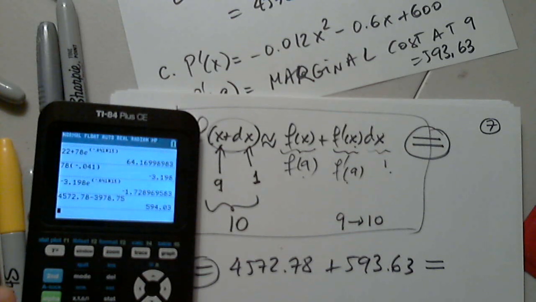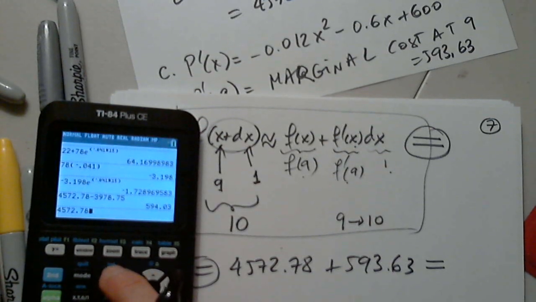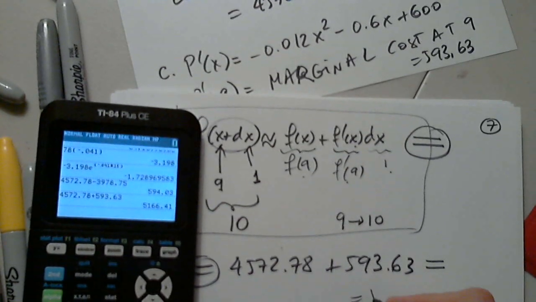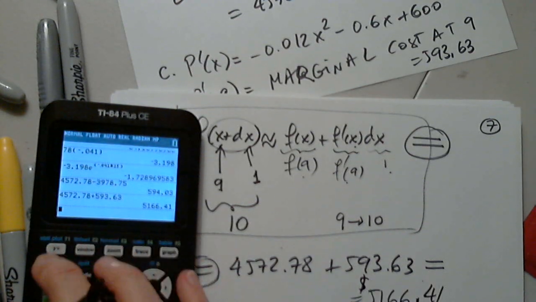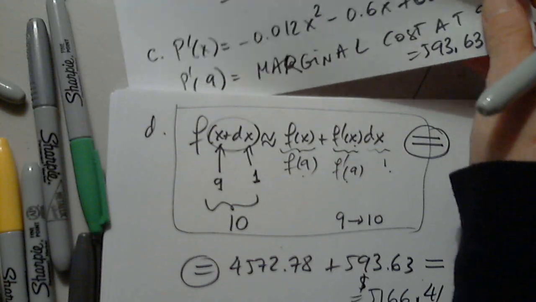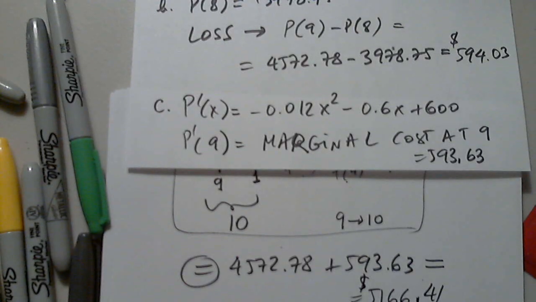And here is what I have. 4572.78 plus this one, 593.63. So 5166.41. That's it. And this was the profit for 10 units.